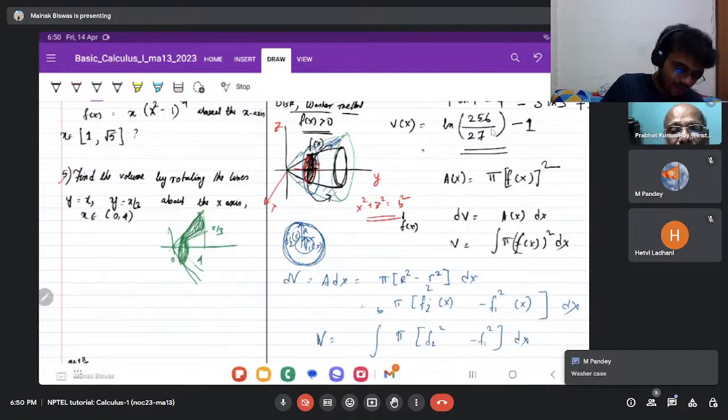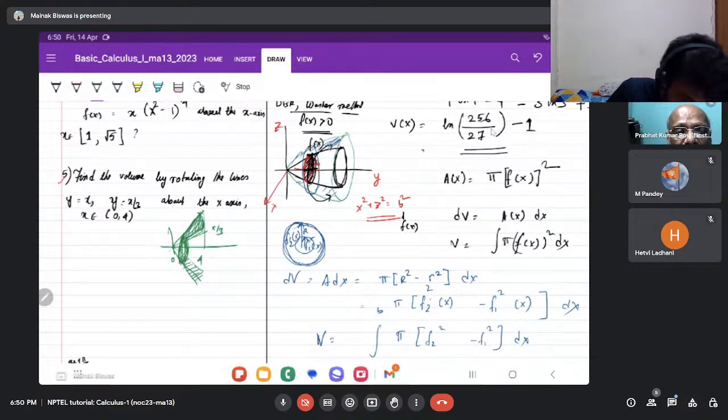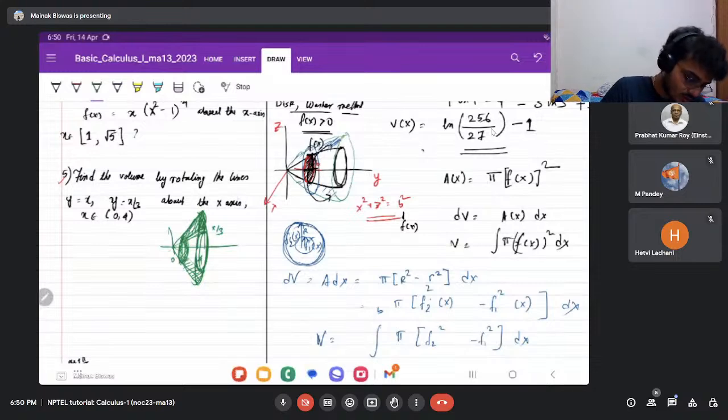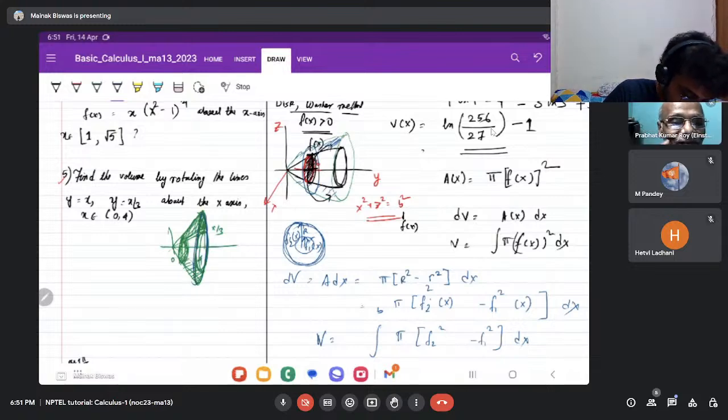We have forgotten washer and disc now, we know only the disc method, because a washer is actually a disc. My artistry you'll have to pardon, it's not that good. It's better to draw on the board, but I'm trying my best on this paper.